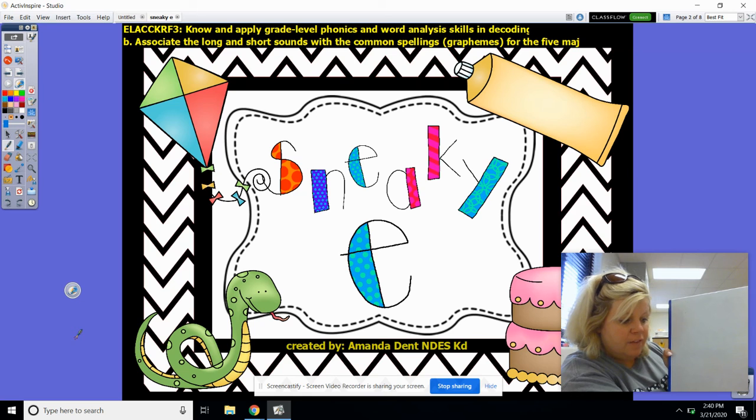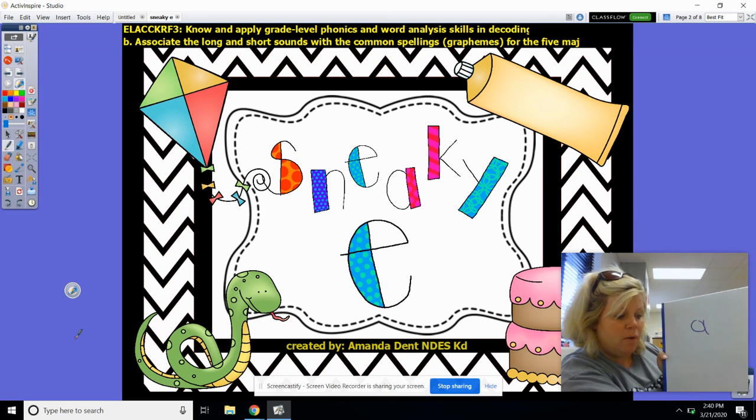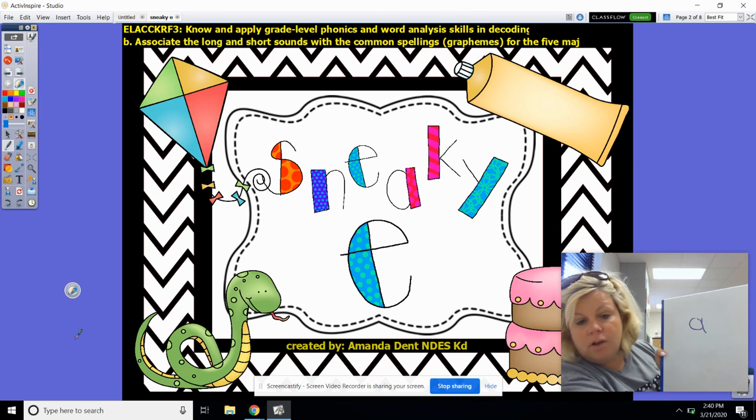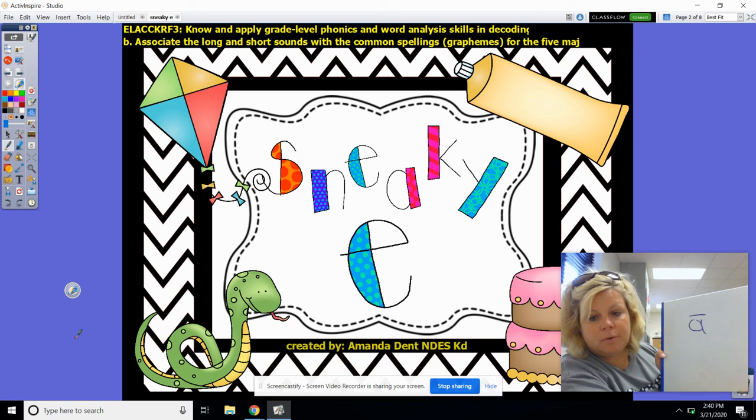So if a vowel like A does not even know that it's there, it's going to scare it. So when I scare a vowel, it's going to say its long name. And you know that a long vowel has a macron on top. It has a macron on top, and that shows that it's a long vowel sound.